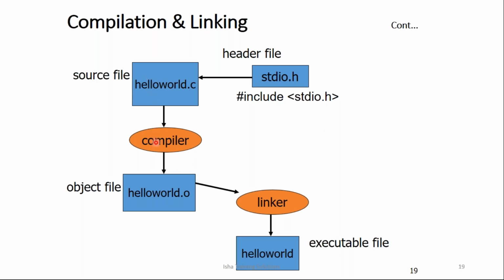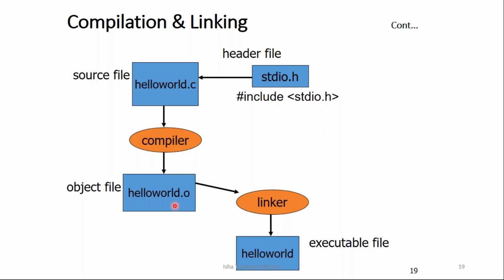Next, we compile that program using the command Alt F9, which we have already discussed. After compiling, it is converted into an object file. It doesn't mean that this particular file will be removed. That file will also be there, and the compiler will create another file, hello world.o, which is nothing but an object file.